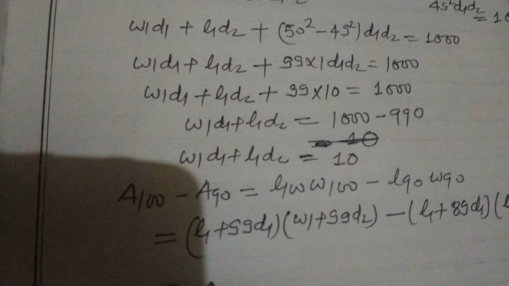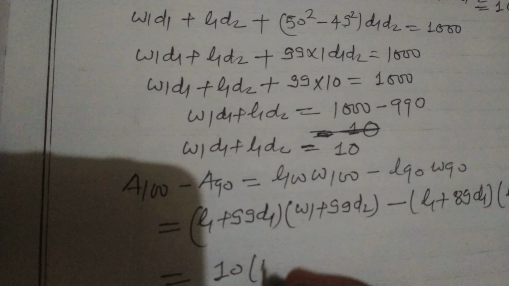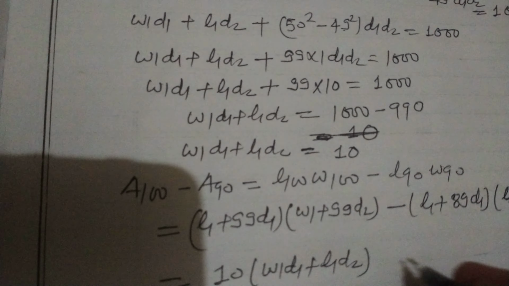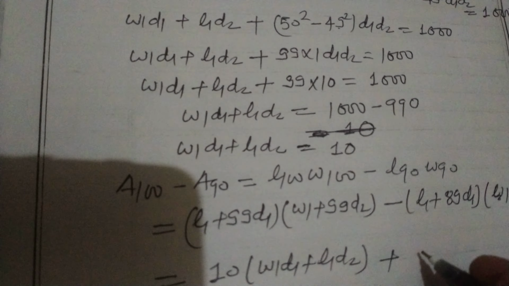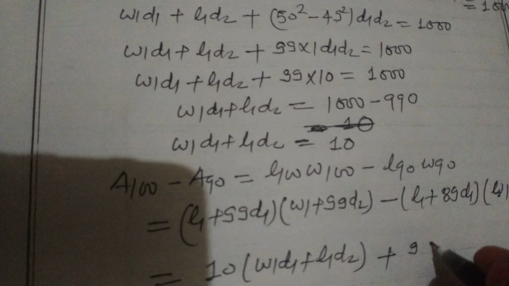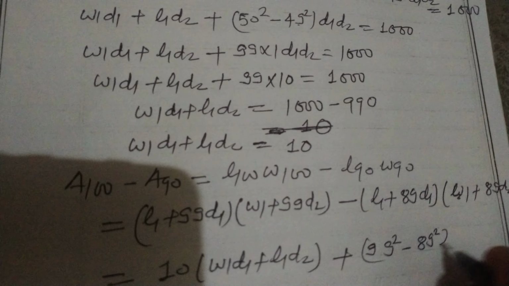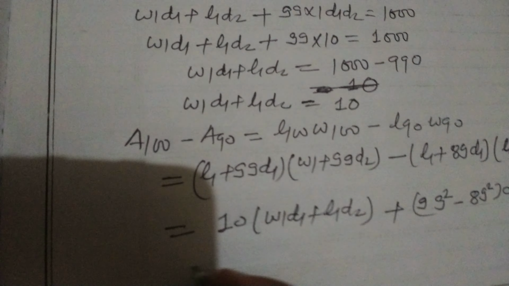On solving this, we got 10 times W1 D1 plus L1 D2, plus 99 square minus 89 square into D1 D2.